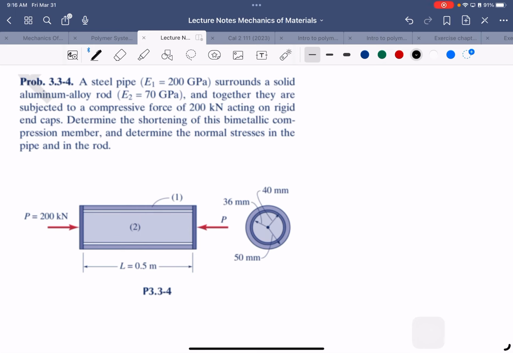When we push this from both ends, it will give force to the rod inside, number 2, and also give force to number 1, the pipe.